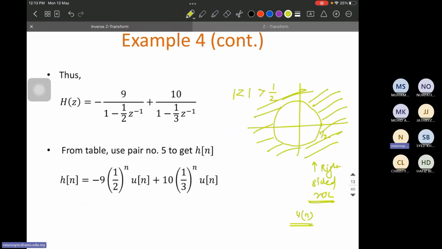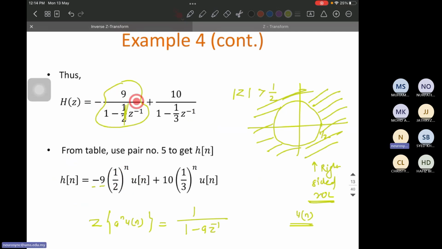Okay. So this term we will compare with the standard formula. Which formula? a to the power n u of n. The z transform of this is nothing but 1 divided by 1 minus a z inverse. Okay. Now if we keep this 9 outside, the minus sign is there. So this a is nothing but 1 by 2, so this is 1 by 2 to the power n u of n.